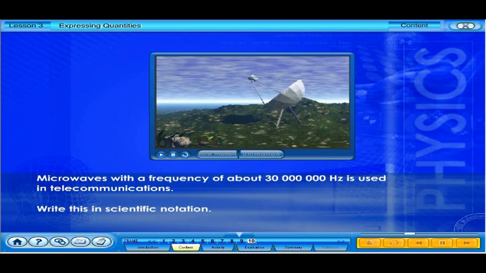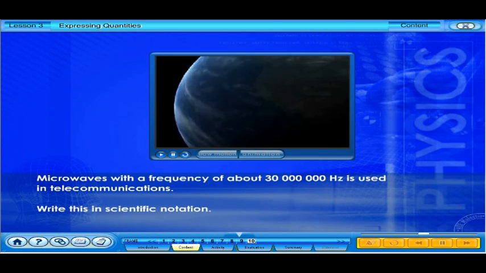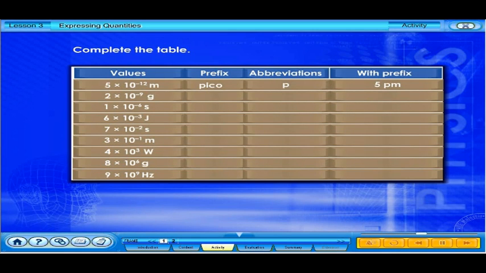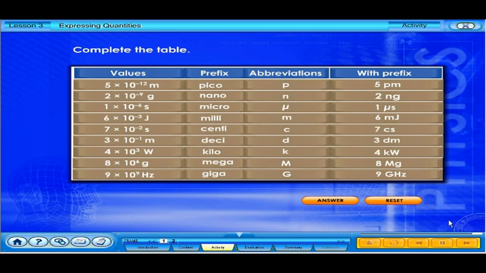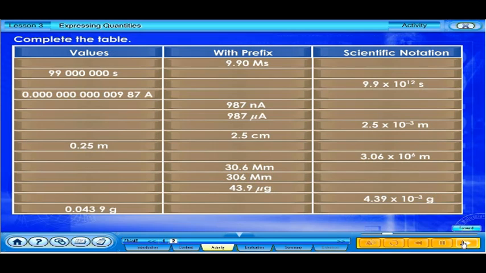Write this in scientific notation. 30 million Hz in scientific notation is 3.0 times 10 to the power of 7 Hz. Complete the table.